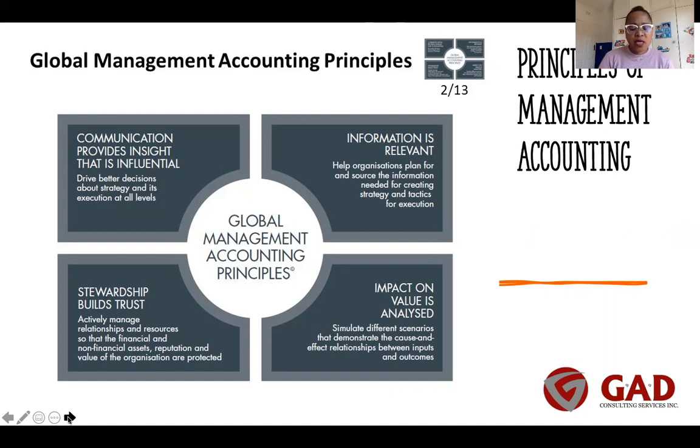As you are creating these systems and processes, you make sure that the information can be trusted. The last principle of management accounts is that it must add value: the impact, the scenarios, the cause and effect, which affects what. So the decisions that we make, what are the implications? What influenced that implication?